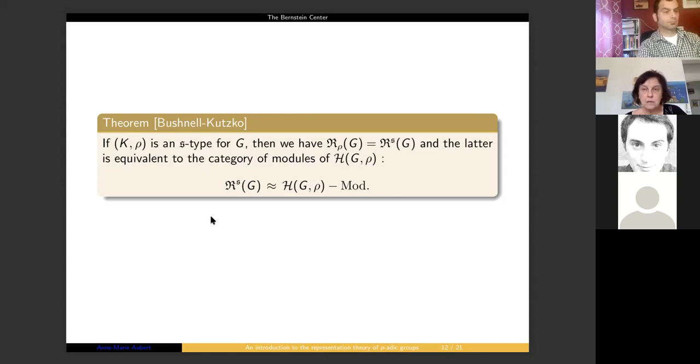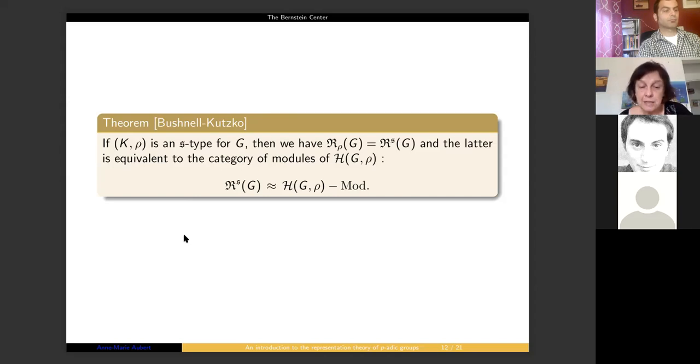So this is in general, but p is assumed to be large. For classical groups, it's also known when p is odd by the work of Stevens for supercuspidal, and Miyauchi and Stevens to pass from the supercuspidal to the non-supercuspidal situation.